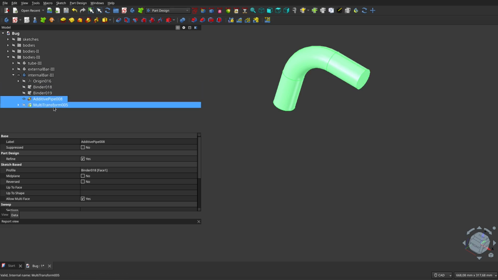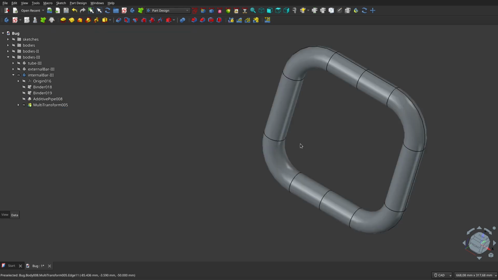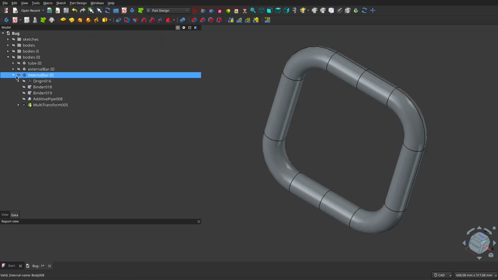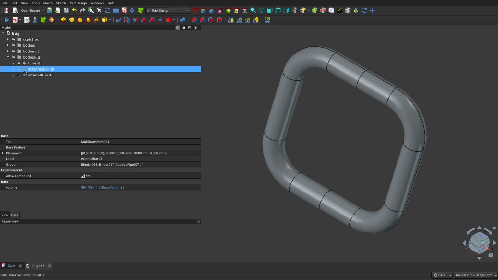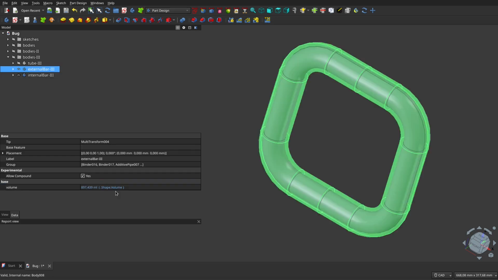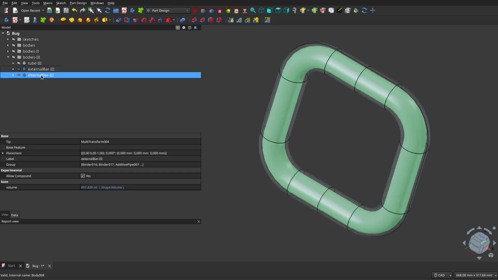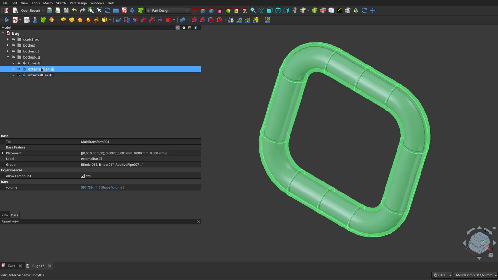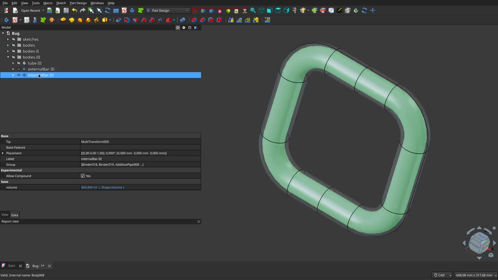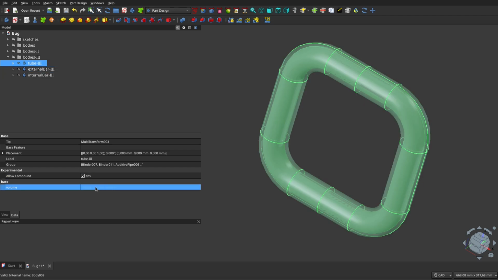But now, look what happens here. Let's check the volumes. This is the volume of the outer bar, and this is the volume of the inner bar.